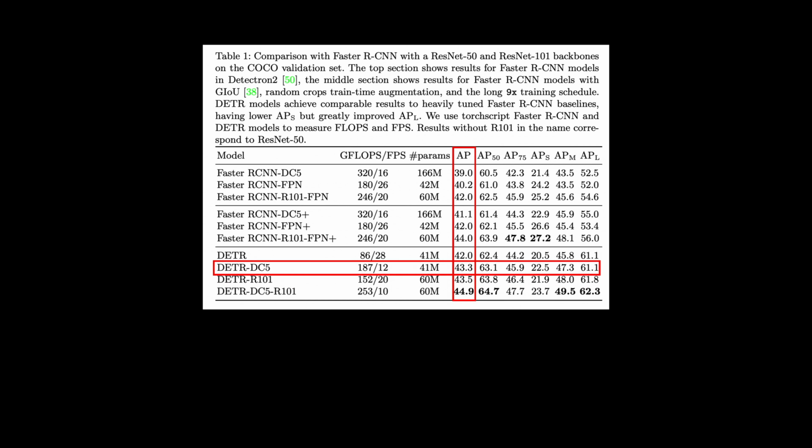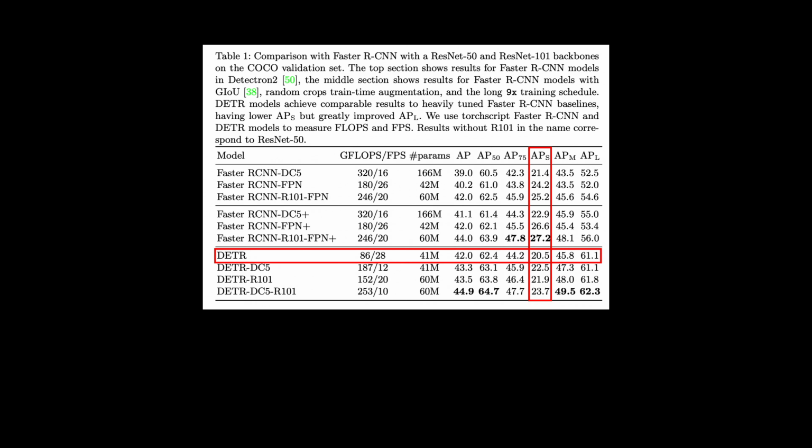This DC5 here represents the variant where they add dilation to the last stage of backbone and remove a stride from the first convolution of that stage, which gives the name dilated C5 version. Essentially, this will increase the backbone returned feature map resolution, which is why you will see that these variants will have better performance on smaller objects.